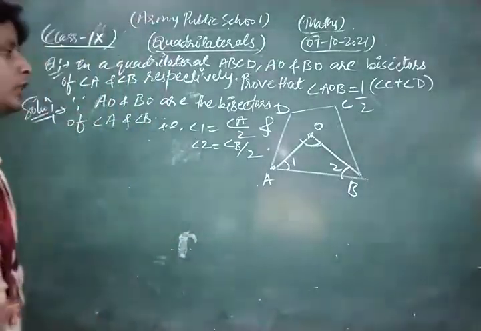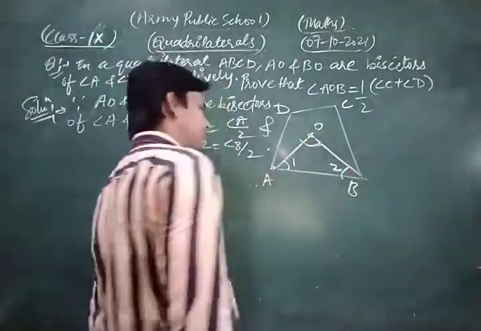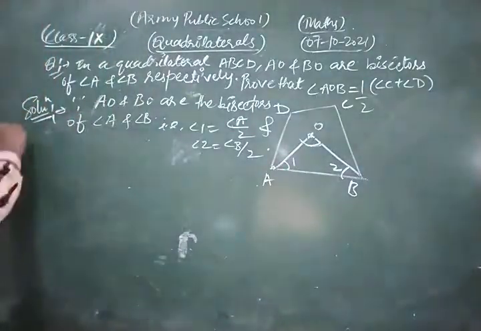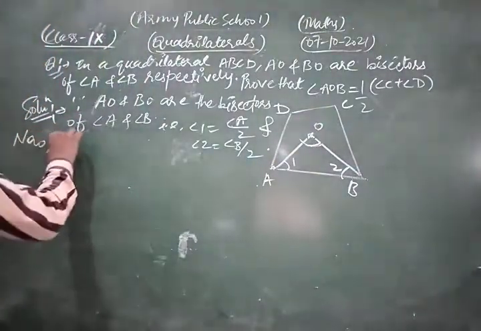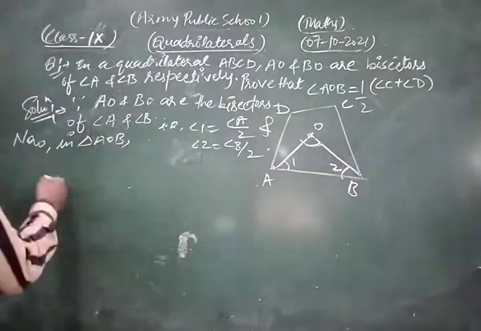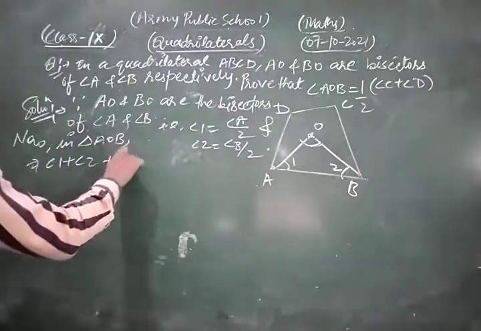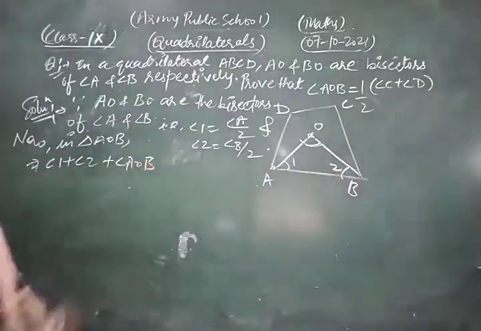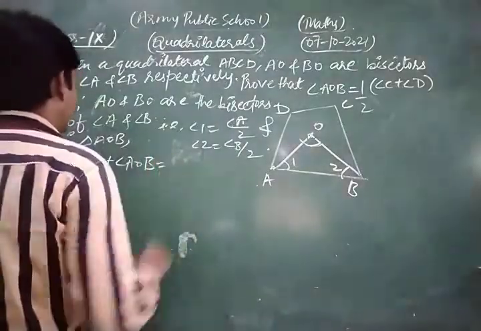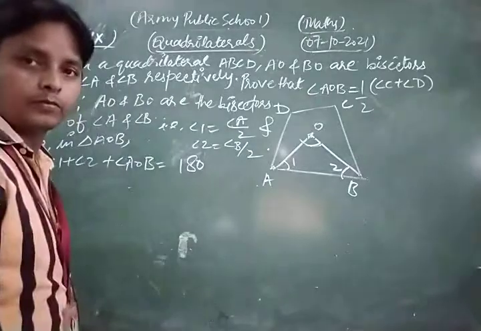Okay, now first of all we take triangle AOB and we apply the angle sum property of the triangle. In triangle AOB, angle 1 plus angle 2 plus angle AOB is equal to 180 degrees.